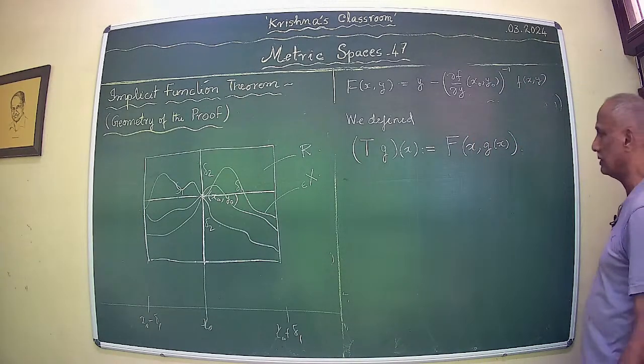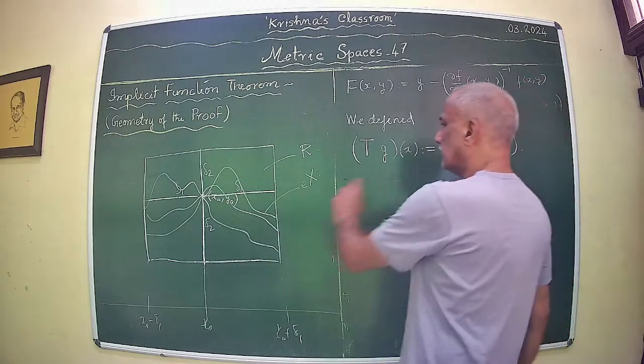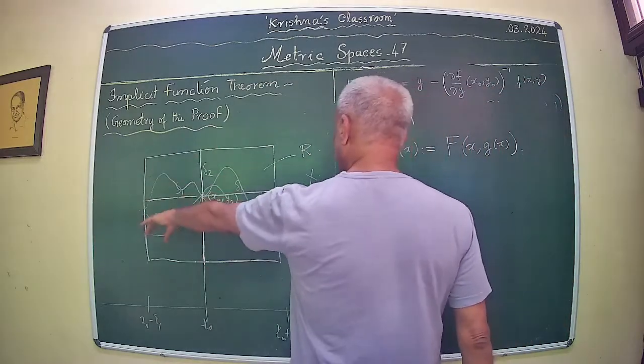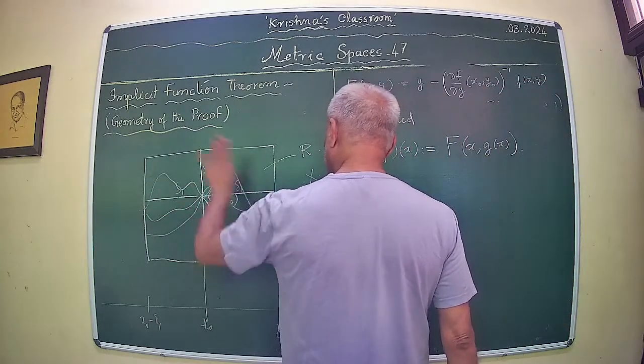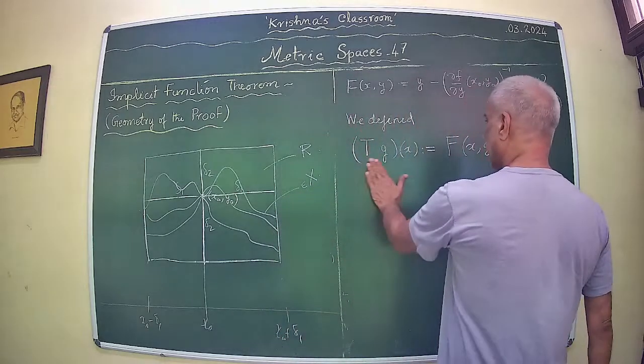That means for each function having a graph like this, we have defined Tg of x.